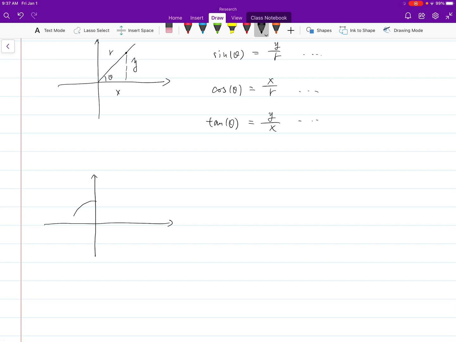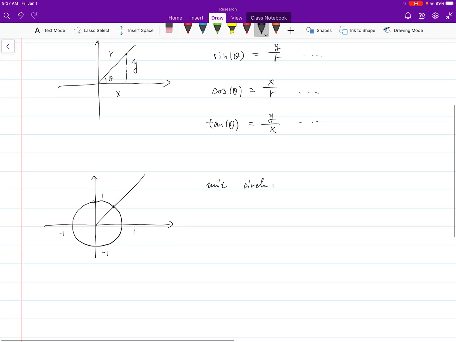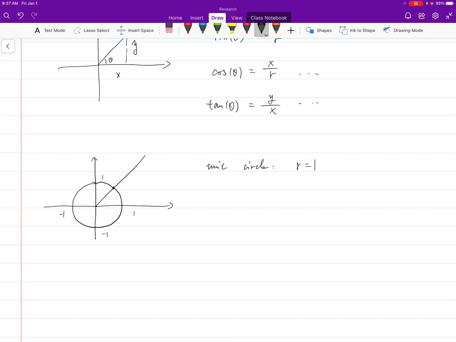All right. Now what we do is we do the same thing, but this time we do 2 different setups. First one, you don't pick any point. Once you have an angle, what you do is you pick the point that is on the unit circle. Because you did that, you use the same formula as before, except for your r equals 1.